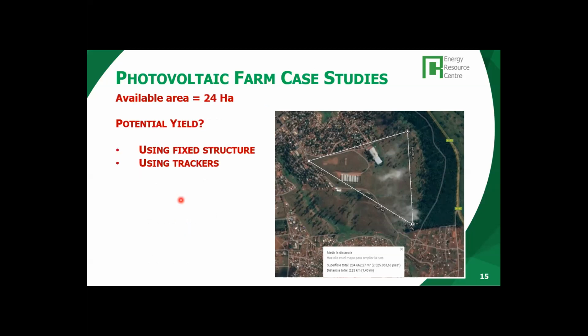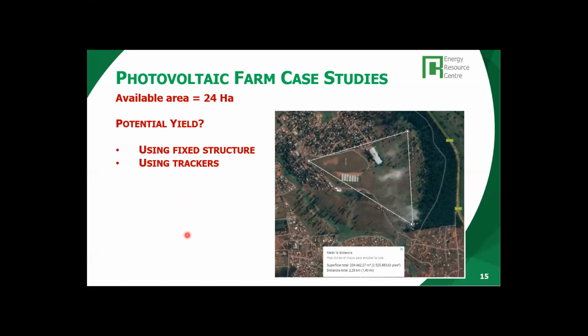Let's continue with the exercise. What would be the expected production of electricity that we could have in our triangle, 24 hectares? Of course, the expected production will change if we use fixed structure or if we use trackers. Who can give us a reference?